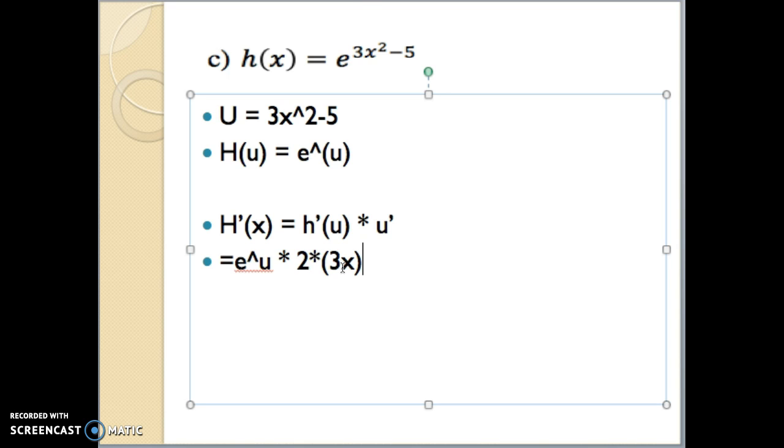And then the derivative of minus 5 is 0. And we want to then get rid of the u. So this is e raised to the 3x squared minus 5, and then it's times 6x. And that's your derivative.